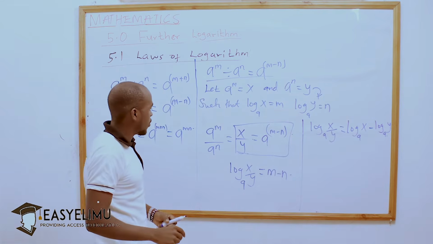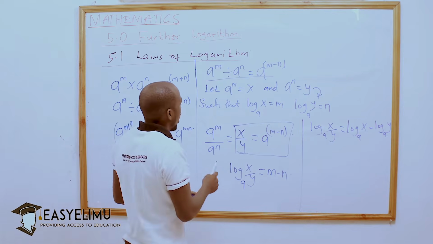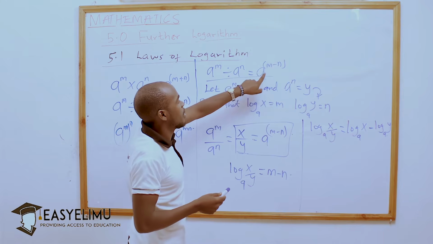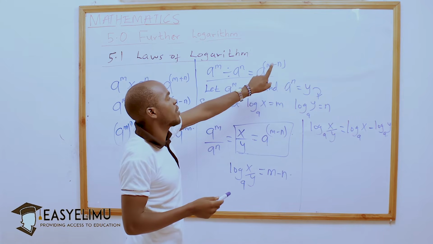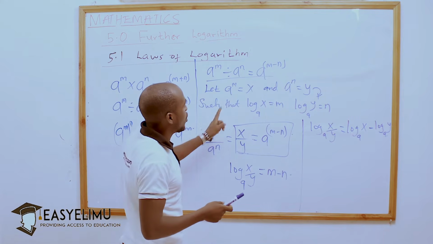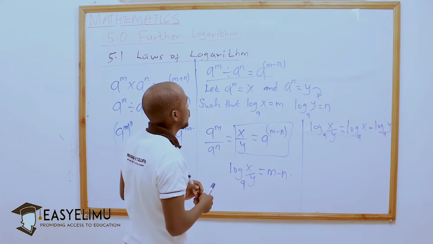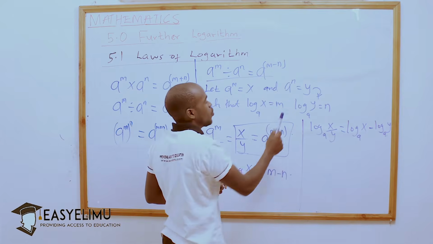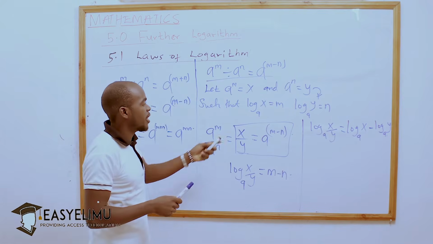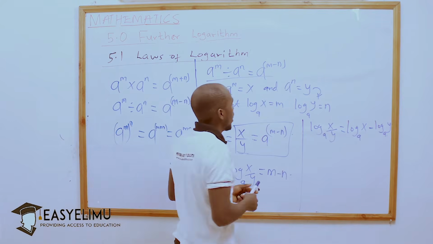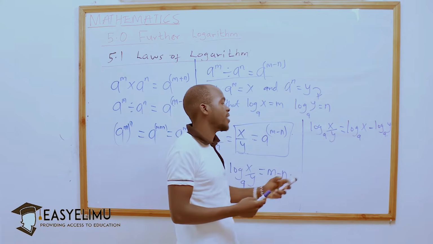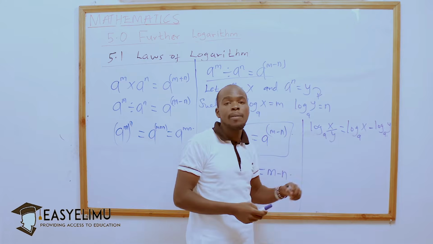So we are finding out that if you are having a^m divided by a^n, which is a raised to m minus n, then if you let a^m be x and a^n be y, you will find out that in case they are represented by x and y, or you have two numbers, you are dividing them and finding the log to the same base.